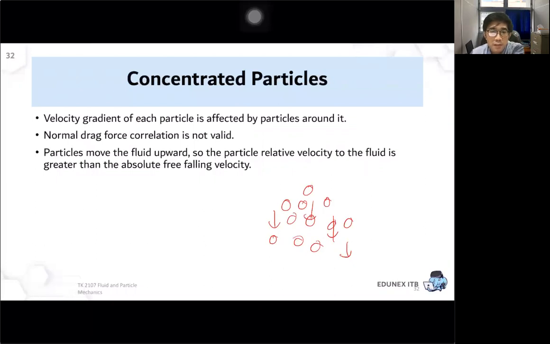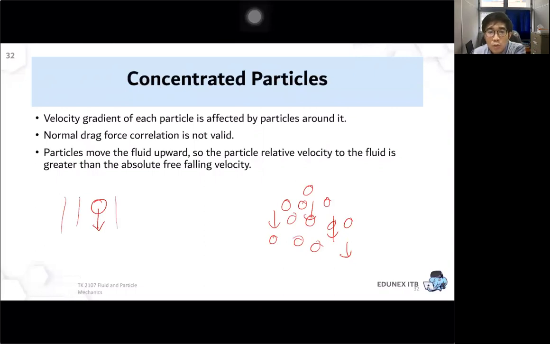And what happens with concentrated particles? Because a lot of particles are falling down, the movement of the particles may cause the fluid to flow. If you just consider one particle falling, we can assume that the surrounding fluid is not moving.